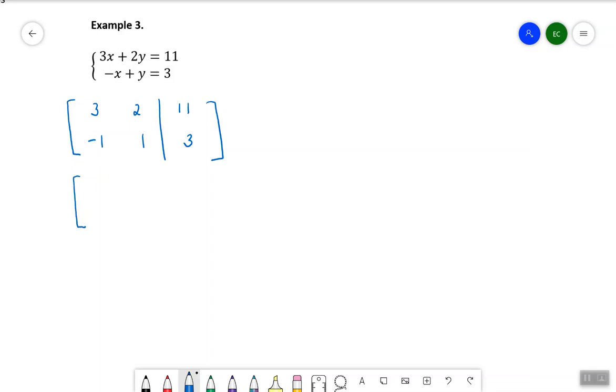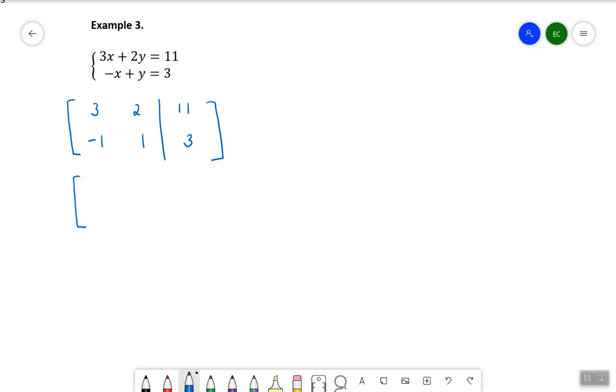And so in particular, there are 3 row transformations that we can do. You saw 2 of them in the previous examples. Multiplying any row by a number that's not 0, or multiplying a row by a number and then adding it to another row. Those are 2 of the row transformations that we've learned.